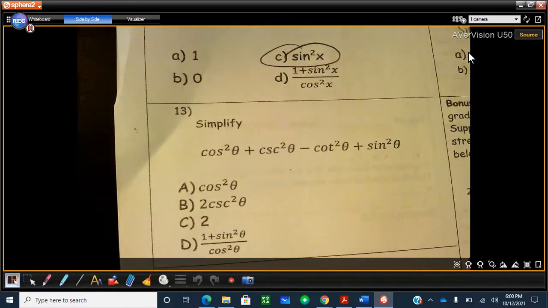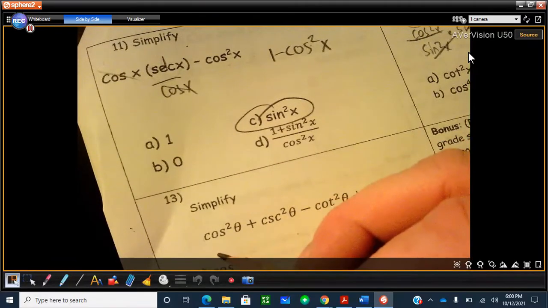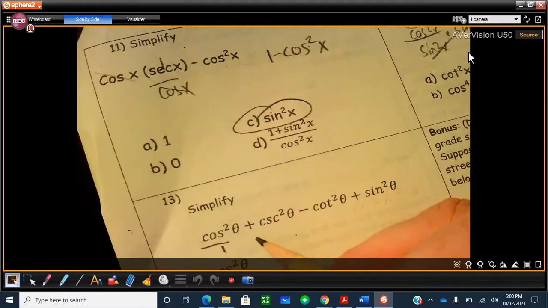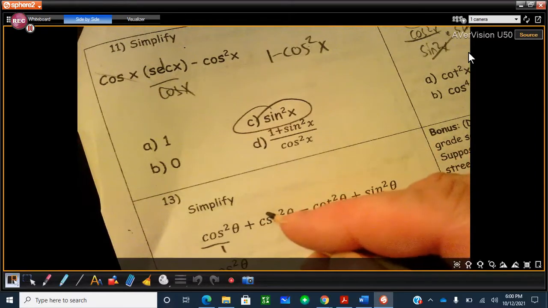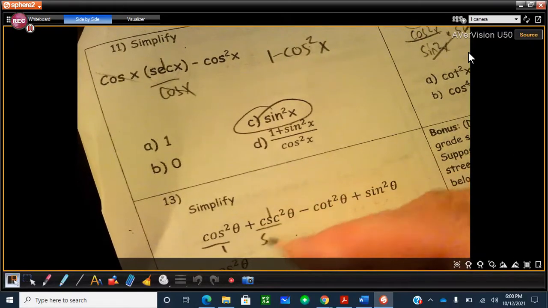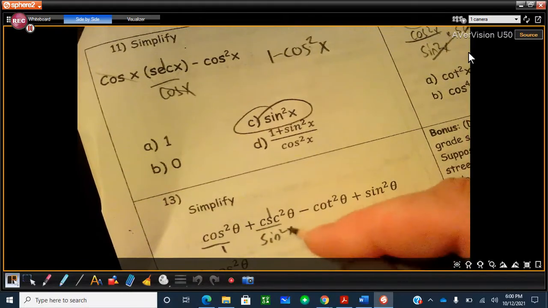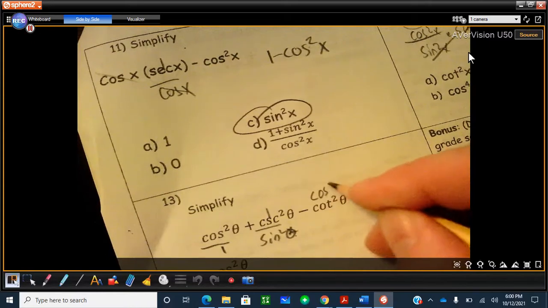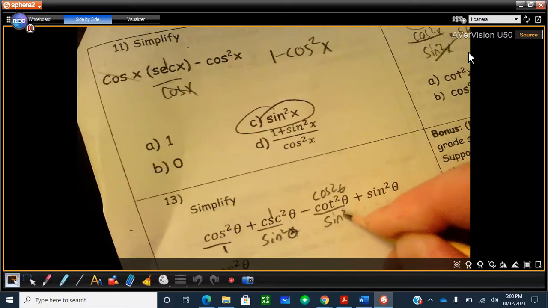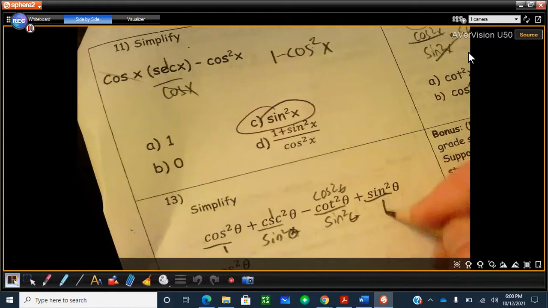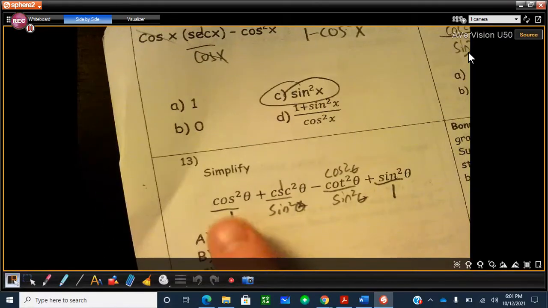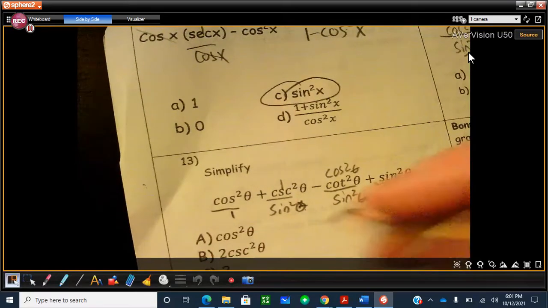Let's see what we got here. I'm just going to rewrite some of these. Okay, so cosine squared, I'm going to leave that alone. That's a whole one. And then cosecant squared, well, I can say that this is 1 over sine squared of x, or theta, I should use theta. Cotangent could be written as cosine squared of theta over sine squared of theta. And then sine squared of theta, that's just going to be over 1. So in order to get all the same denominators, I'm going to need to multiply these two by sine squared theta.